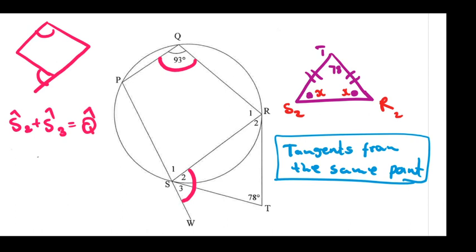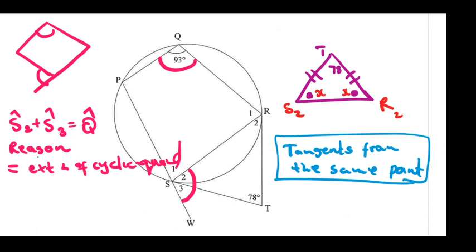So you're gonna state the reason. The reason, let me just write here, should be exterior angle of a cyclic quad, right?